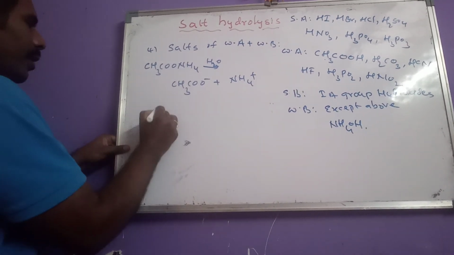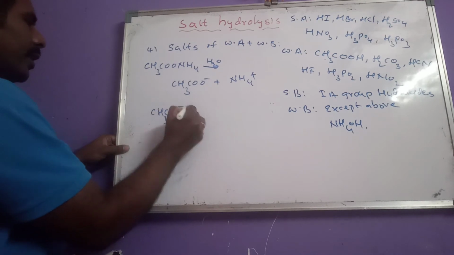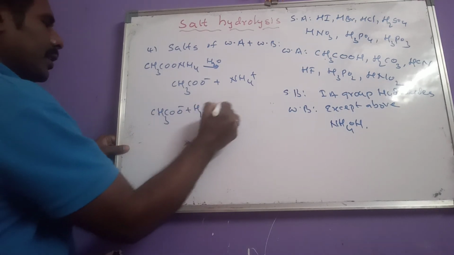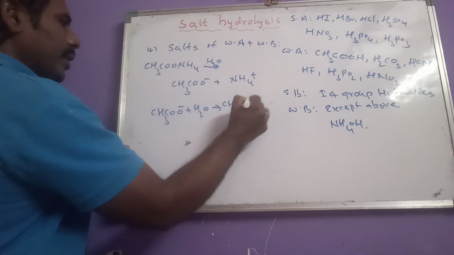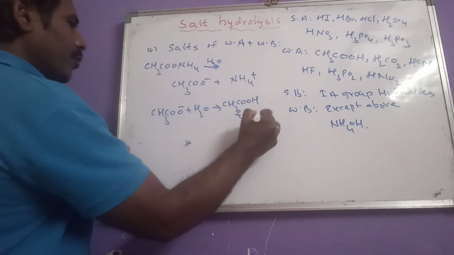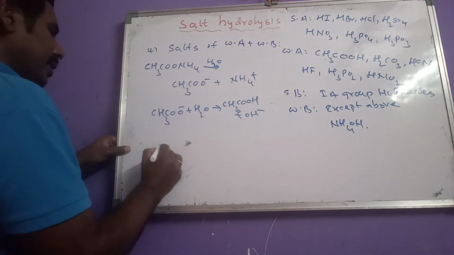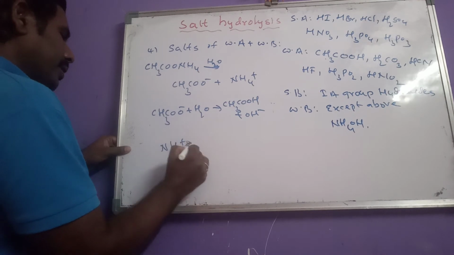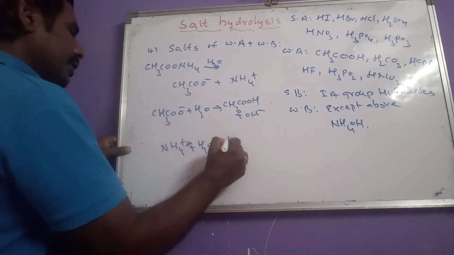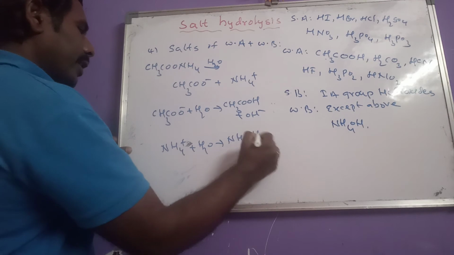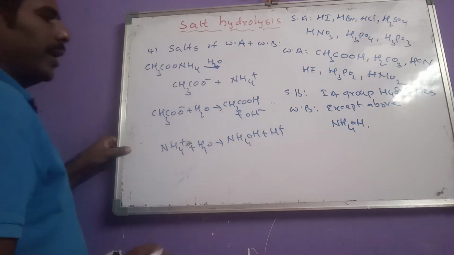So acetate ions react with water and produce acetic acid plus OH minus ions, and NH4 plus also reacts with water and produces NH4OH and H plus.